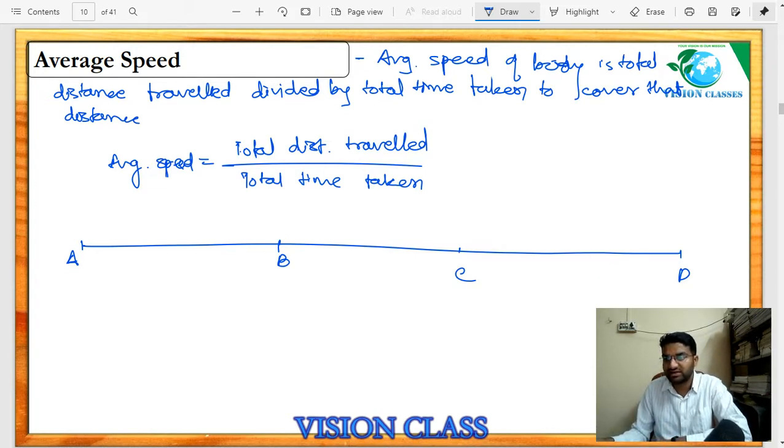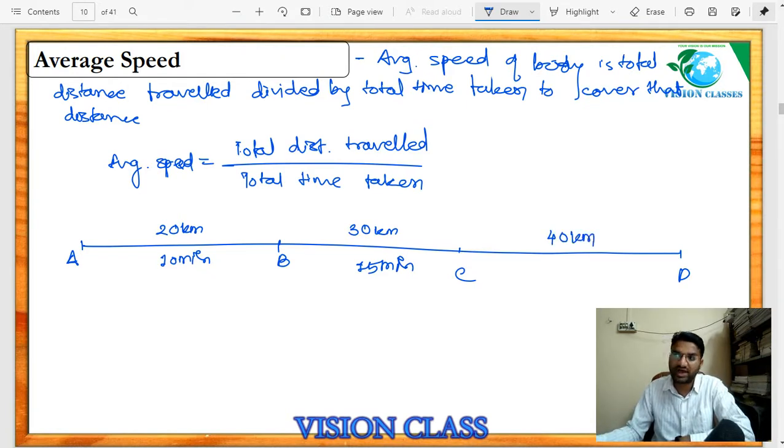Let's say A to B is 20 kilometers, covered in 10 minutes. Then B to C is 30 kilometers, covered in 15 minutes. And C to D is 40 kilometers, again covered in 15 minutes. So we just add all the distances over the total time taken.